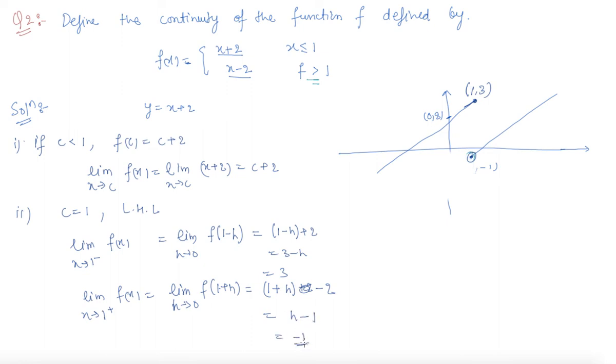You can clearly see that the left hand limit is not equal to the right hand limit. So in that case the limit does not exist at x equal to 1, and we cannot say that the function is continuous at x equal to 1. So f(x) at x equal 1 is not continuous.